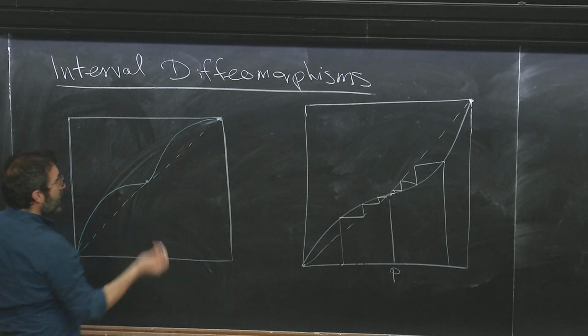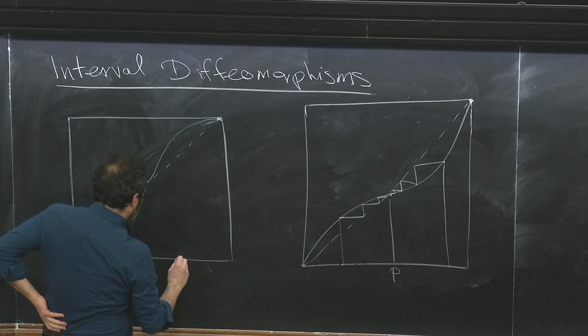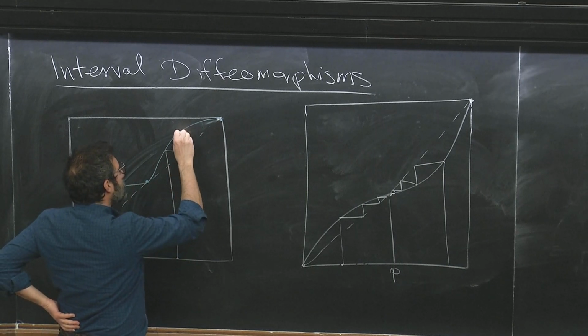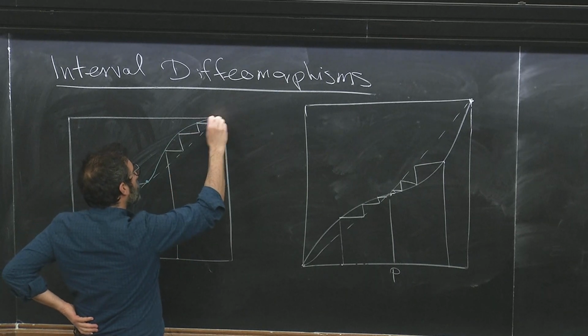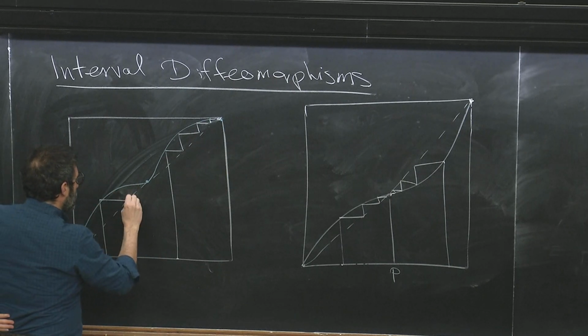Here, they have the same number of fixed points, but both sides are above the diagonal, so if you take a point here, it will also be moving to the right. And if you take a point here, it will also be moving to the right.